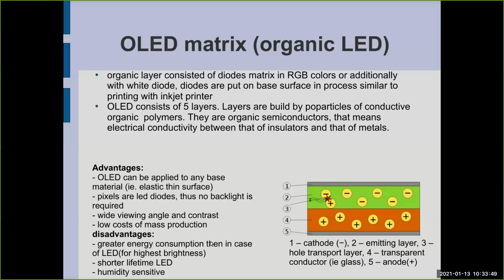The benefits are that the view angle and contrast are better, because when the pixel is turned off, it's black. When it is turned on, by controlling the voltage, we are able to control the brightness of the pixel.